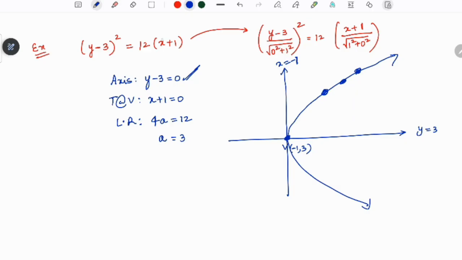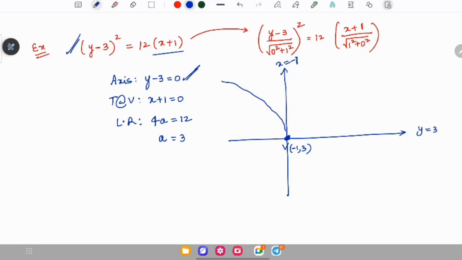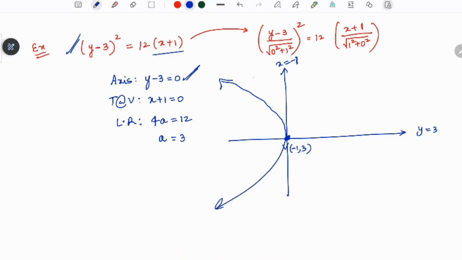If you put an x coordinate more than -1, like 2, 3, 4, 100, this is a positive quantity. Y minus 3 whole square is equal to a positive quantity is fine. Then you will get some values for y minus 3. Suppose you say, sir, no, this particular parabola is on this side. That means you are saying these lines will be x equal to -2, -3.